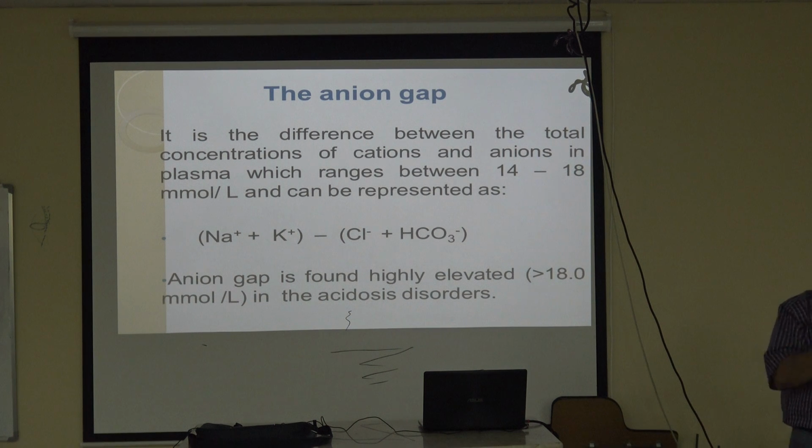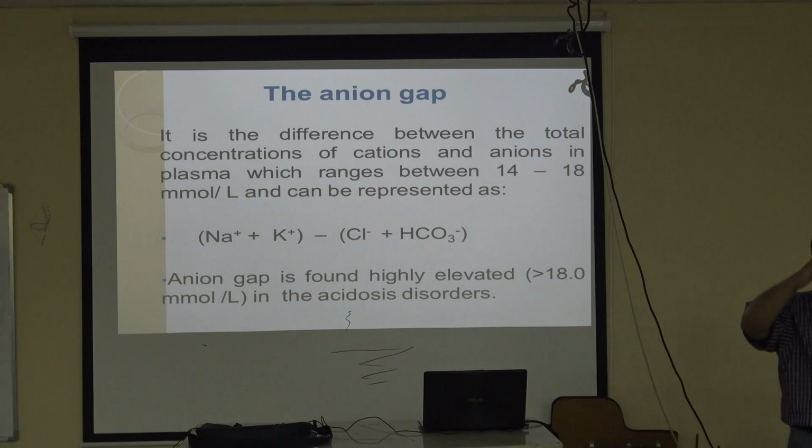So this anion gap is just to categorize the causes of the metabolic, and we will discuss this anion gap in detail in the next semester in the module of the kidney. So that's why I am just introducing it here, that in metabolic acidosis you always see whether it is a non-anion gap or an anion gap disorder.